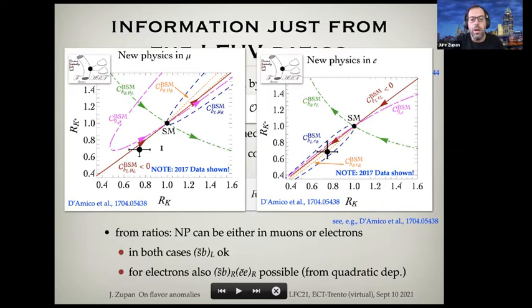So in both cases, what you learn from these figures is that you need left-handed couplings to quarks for new physics. Now, from the ratios, you can't tell whether the couplings are to the muons or the electrons. So you could have a contribution which is right-handed on the quark side, right-handed on the electron side. This would still be fine.